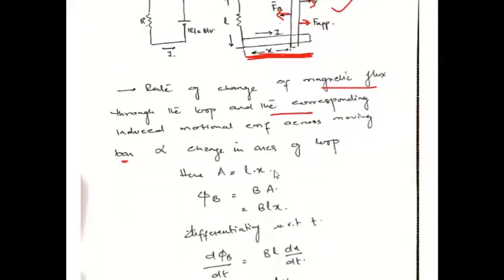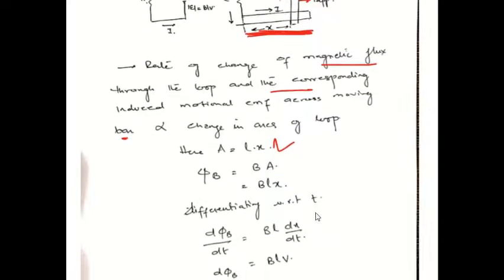We can replace the area with Lx, and now we have phi_B equals BLx. Now differentiating both sides with respect to time, I get d phi_B over dt, which equals BL into dx over dt.